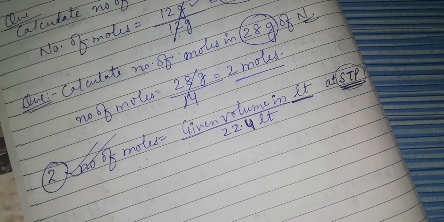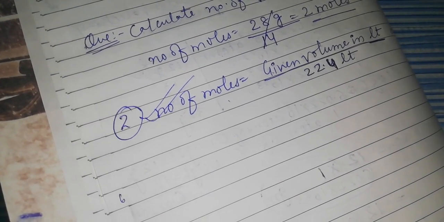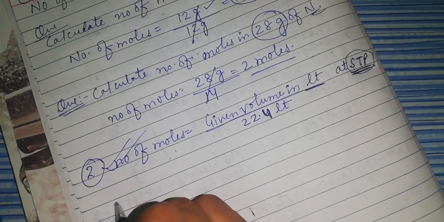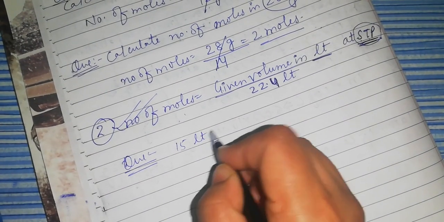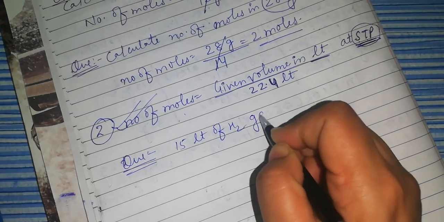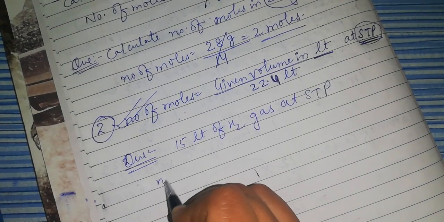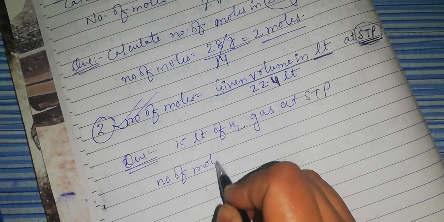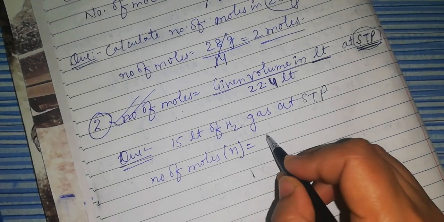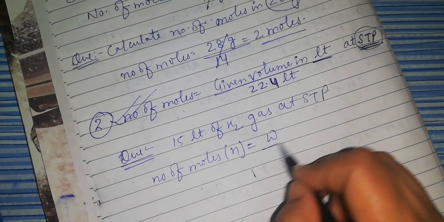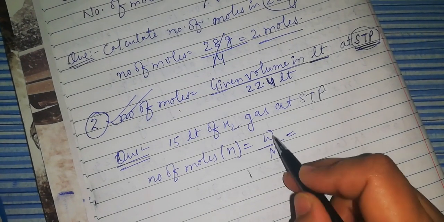Now see, suppose I am given the question: calculate the number of moles in 15 liter of hydrogen gas at STP. Number of moles we generally represent by small n, given weight by small w, and molar mass by M. These are the standard notations.